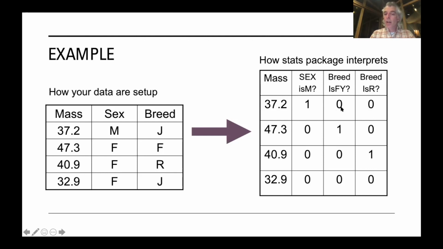So this coding of 0, 0 represents a juvenile, 1, 0 represents a first-year breeder, 0, 1 represents a repeat breeder. So in this case, we've represented K levels in our categorical predictor by K minus 1 yes/no questions about which level each observation corresponds to.